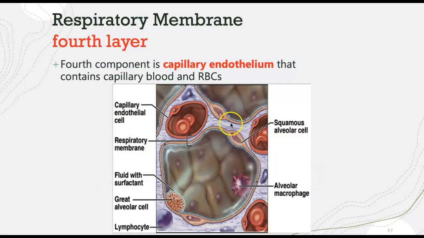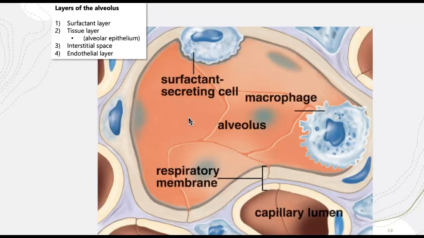And our fourth layer is going to be made up of our capillary endothelium, and this is going to contain our blood, which of course has our red blood cells in there. So just to go through these layers again, our first layer is going to be that surfactant layer.